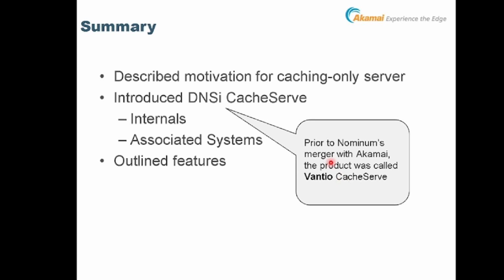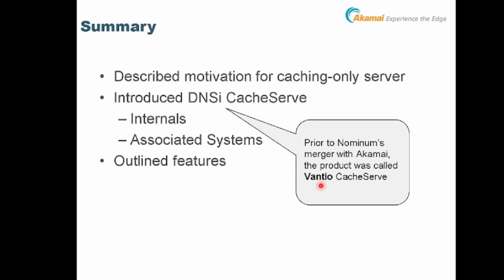Here I just mentioned, and you saw this earlier when I looked at the Nominum support site, the product was called Vantio once upon a time. The caching name server originally, by the way, was called CNS, very unimaginatively, much like ANS for the authoritative name server. There was a product called CNS, or caching name server, which then later became the brand name Vantio.